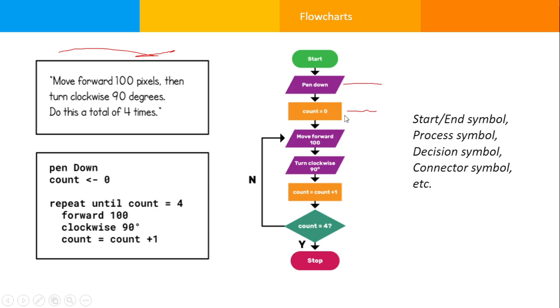Count is equal to 0. Then the next step, another input: move forward 100. If it moves forward 100, then the next input is turn clockwise 90.